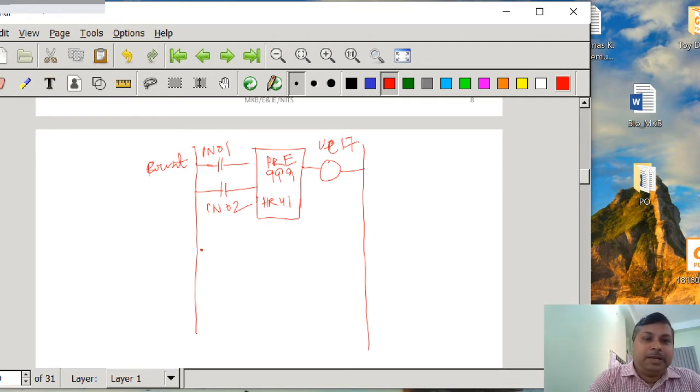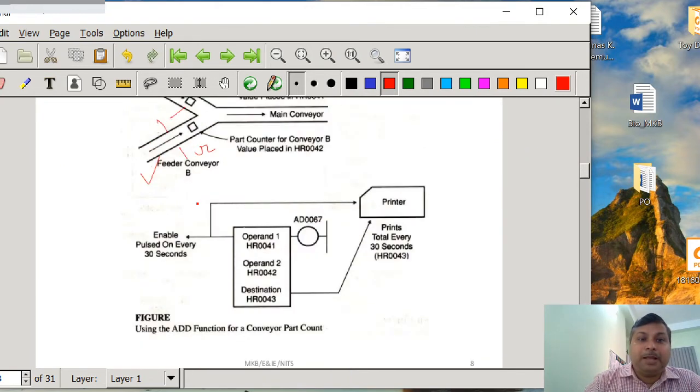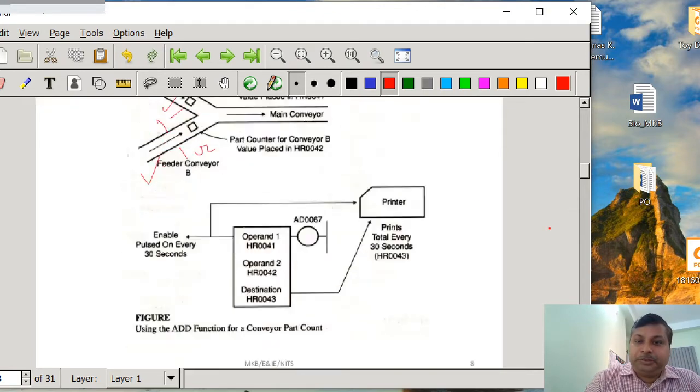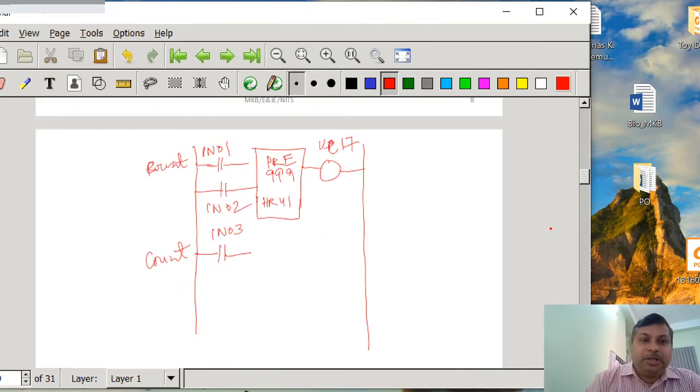And then we can have another counter, suppose IN03, that is the count. IN01 is receiving the pulse from the sensor placed on conveyor A. Similarly, IN03 can be designed.